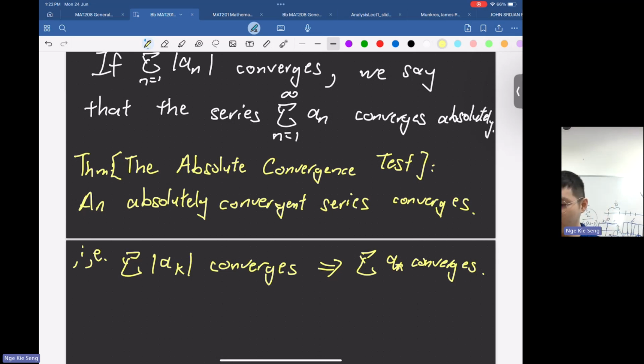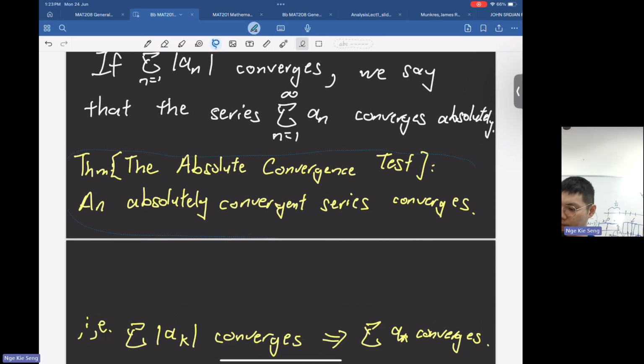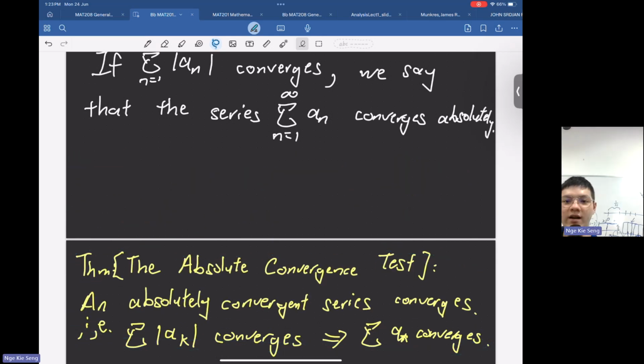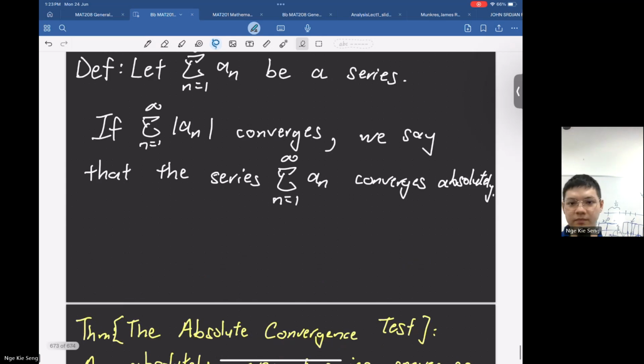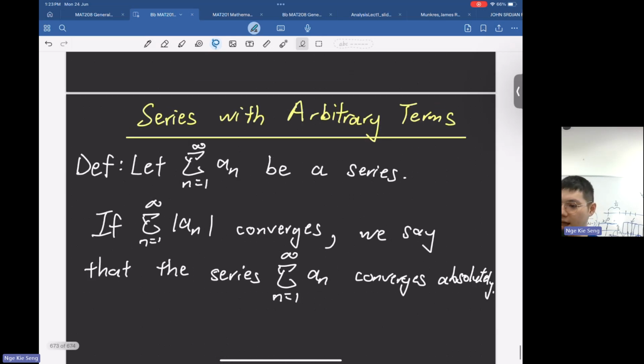So let's introduce one definition before we prove it. What if a series of a_n converges, but the sum of the absolute value of a_n doesn't converge? What do we call it?